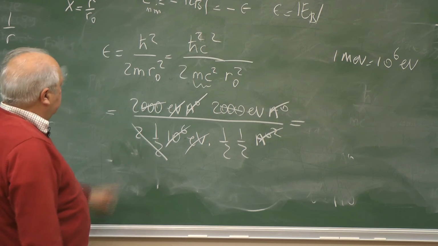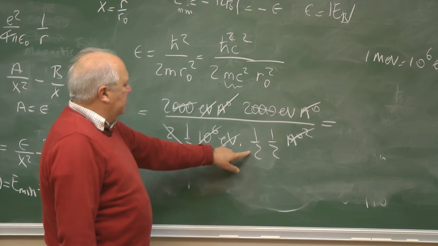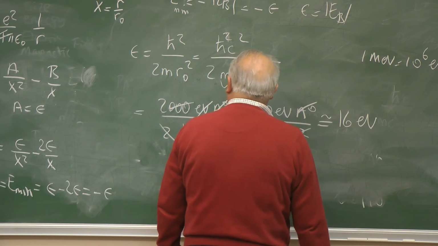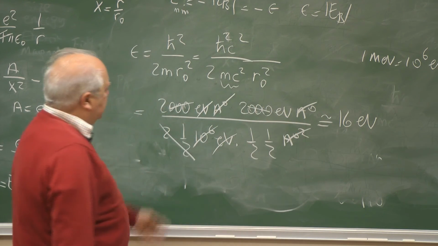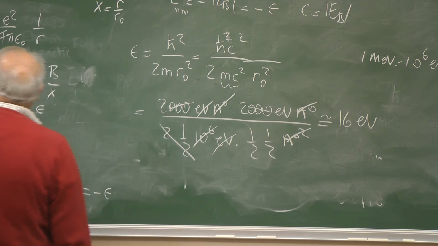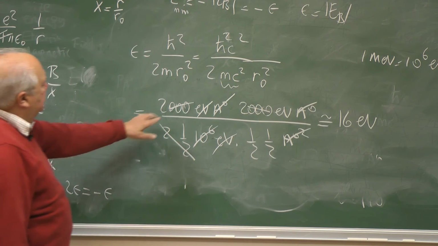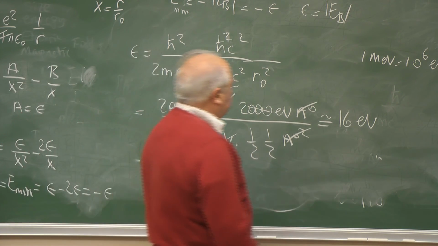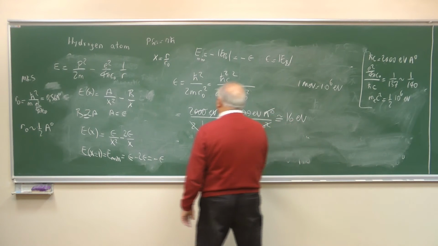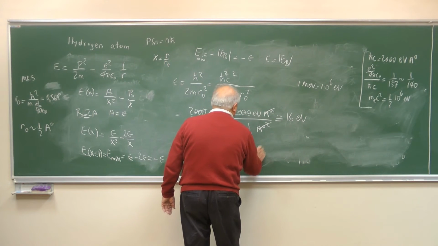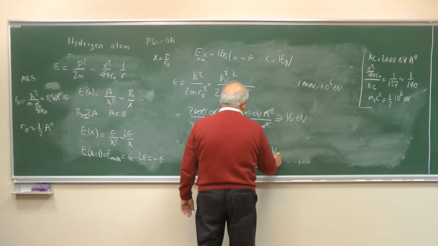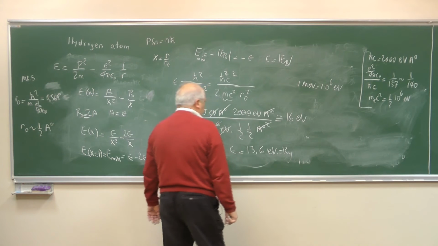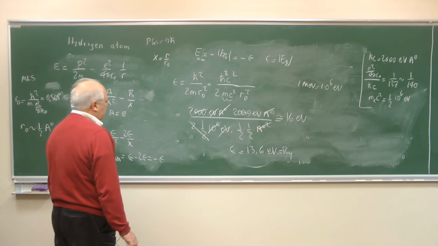So only the 2's. 2 times 2 is 4, multiplied by 4, something like 16 electron volts. So if you put the correct numbers, this was not 1/2, but 0.56, etc. This was not really 2000, a bit less than that, etc. If you plug in all these numbers, the correct value is epsilon is 13.6 electron volts, which is called 1 Rydberg.